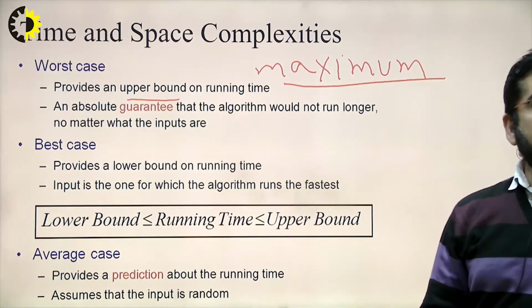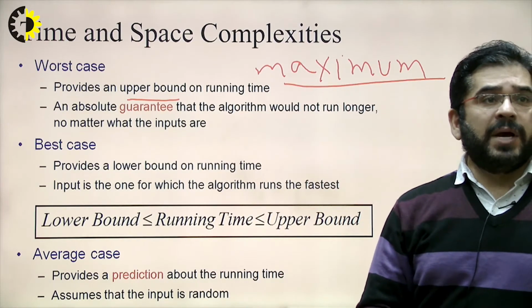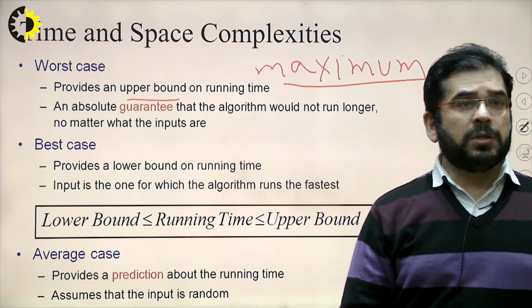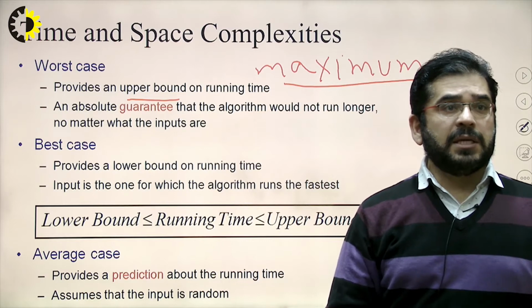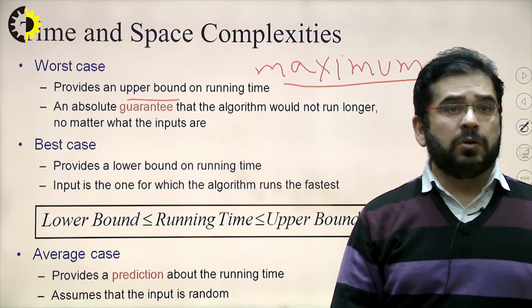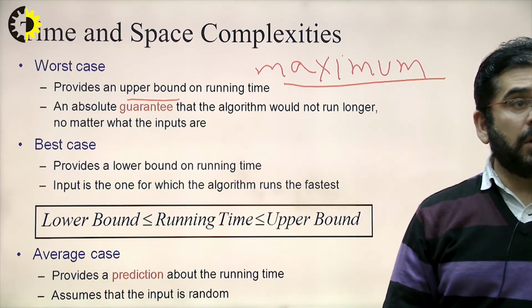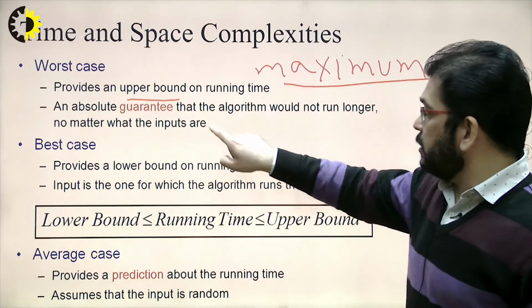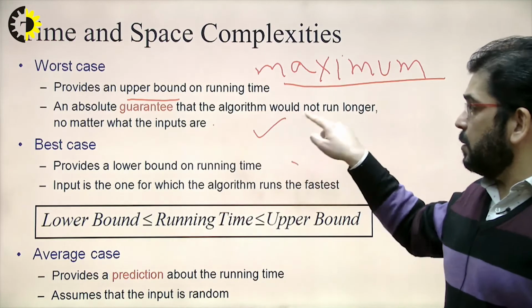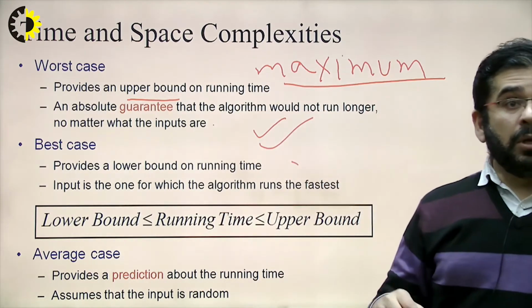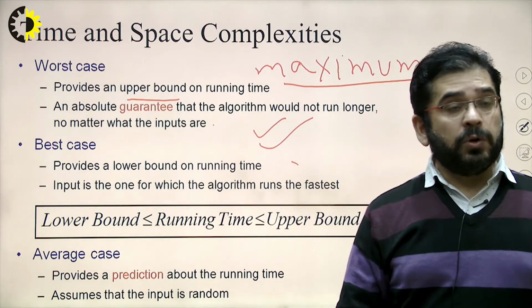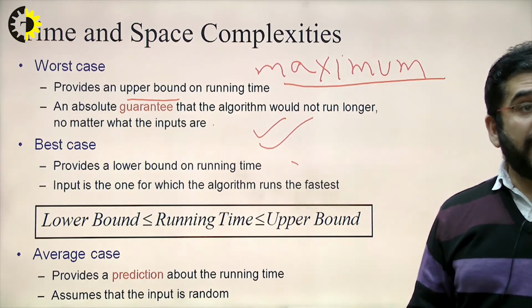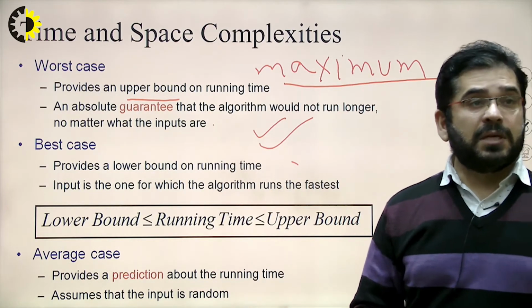It is an absolute guarantee that the algorithm would not run longer no matter what the inputs are. So you need to understand this point. This is already the maximum time taken by the algorithm. In any situation, the computer program or algorithm will not take more time than this worst case time complexity.